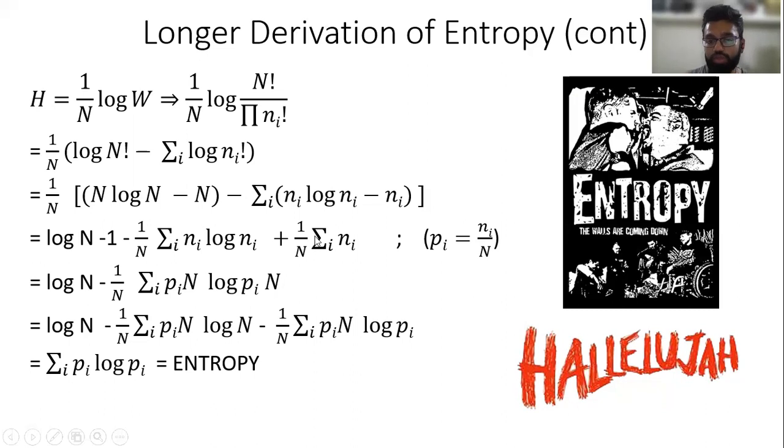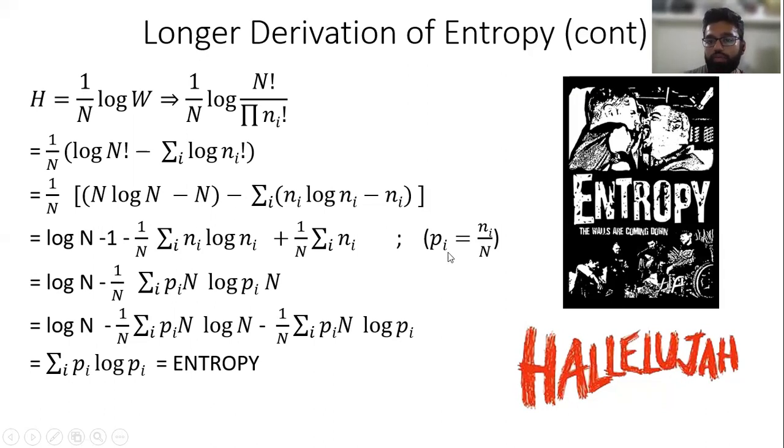This term wouldn't disappear, my bad. It would sum up to 1, because the summation is equivalent to 1. You have a 1 here and you have a 1 here, so both of the ones get cancelled, and you have log n minus 1 over n.